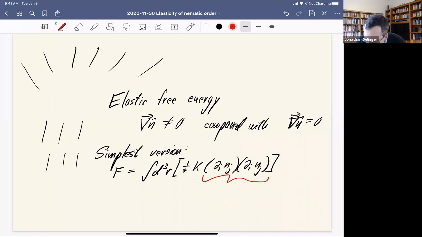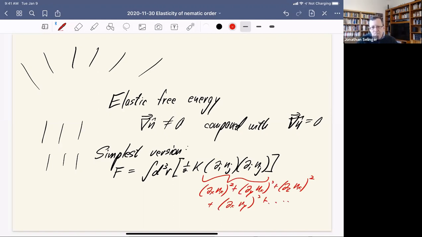What this means is dx n_x squared plus dy n_x squared plus dz n_x squared plus dx n_y squared plus etc. There are 9 terms that are getting added up, and they all contribute with the same coefficient, right?